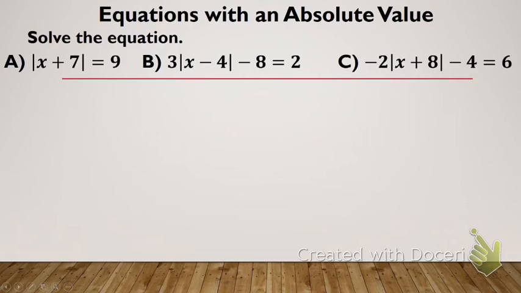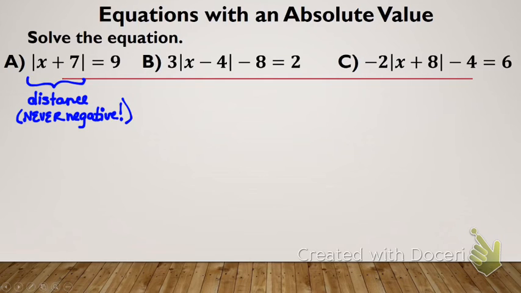Do you guys remember absolute value? What does absolute value mean? The distance from 0. And what do you know about distance? Never a negative. What's inside the absolute value stuff can come out to be negative, right?